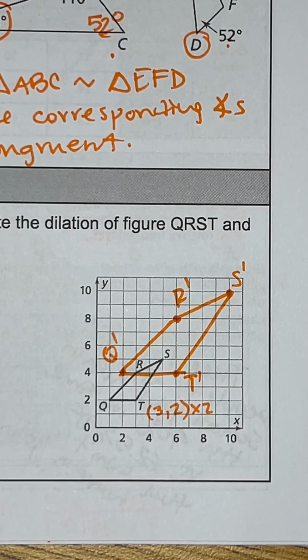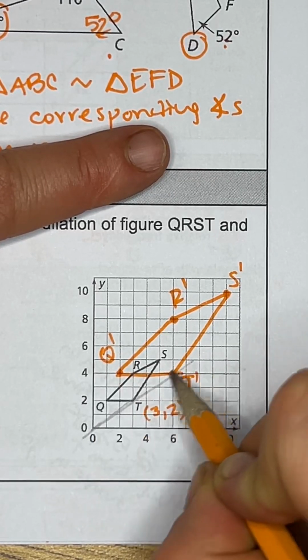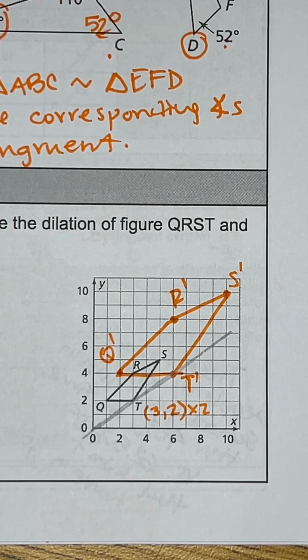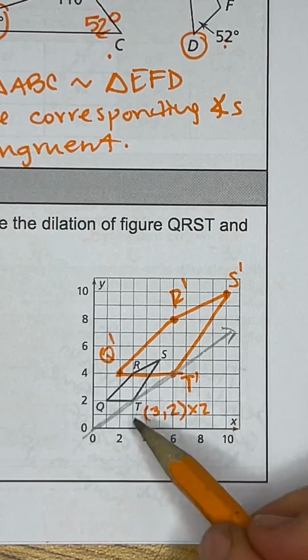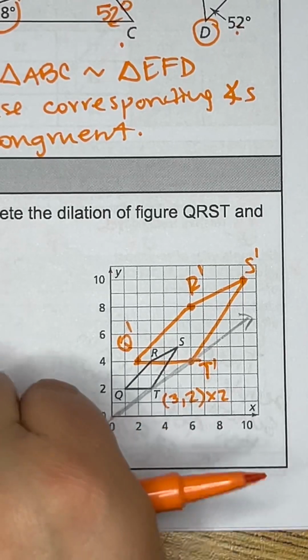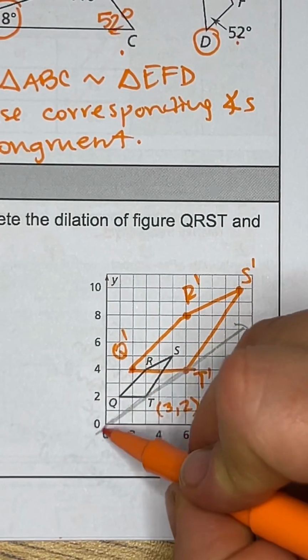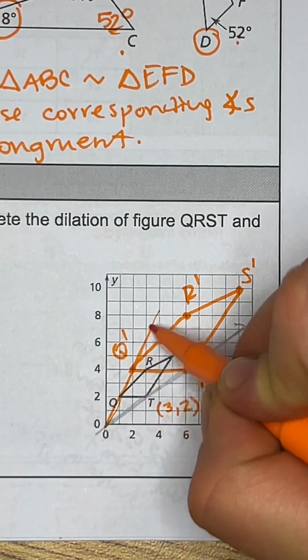If we wanted to, you could check if you're right by drawing straight lines from (0, 0), our center of dilation, to there. And how do I know (0, 0) is our center of dilation? It's not explicitly stated here, but you can see the values are increasing, and if it wasn't through (0, 0), we wouldn't have these straight lines.